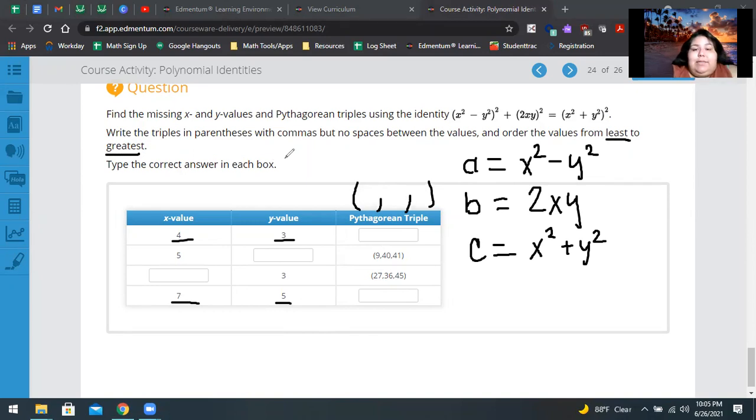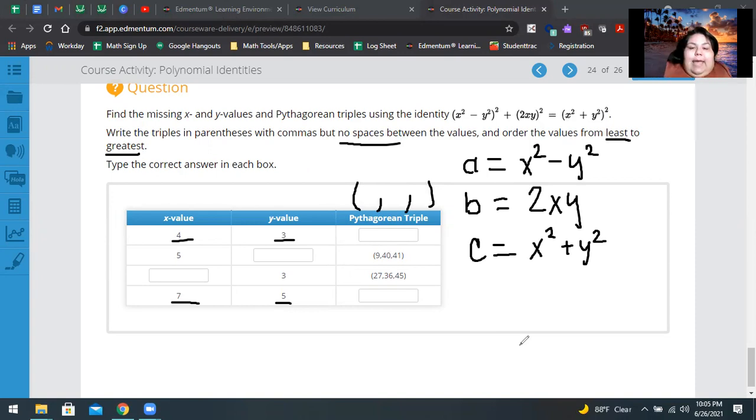So make sure it's from least to greatest, and you have those commas in between to separate them. Again, don't use any spaces. I don't think I mentioned that one on the other chart up above. Don't put any extra spaces. Just leave it all crammed together, just like how they left it right there.